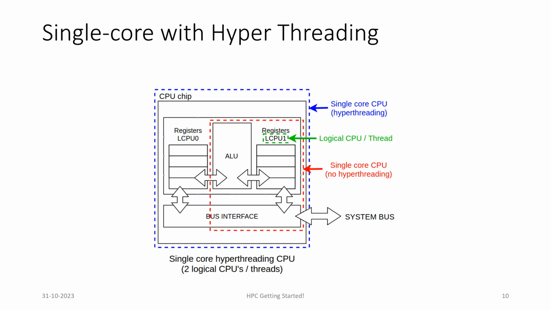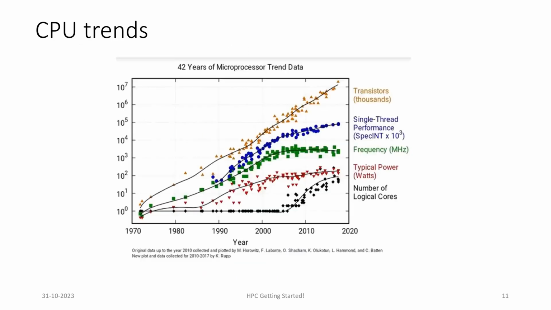things were not as simple as they looked, because there has been a change in the trend in the mid 2000s, roughly in 2004-5. What people noticed is that the power that a single CPU or single core is burning is going out of hand.